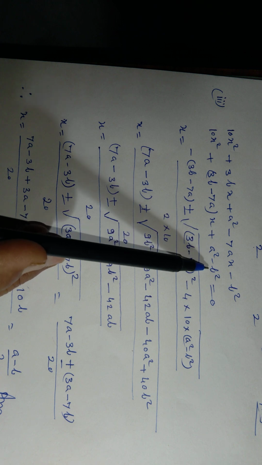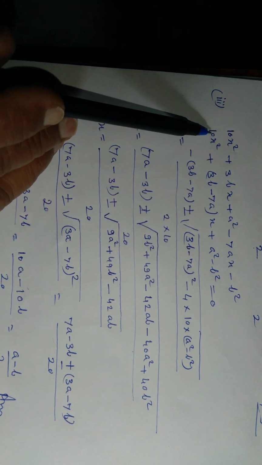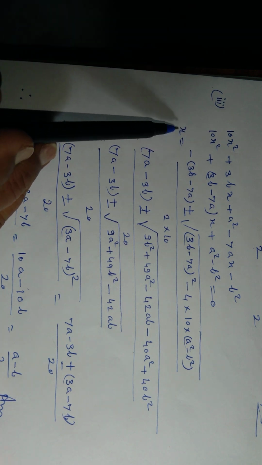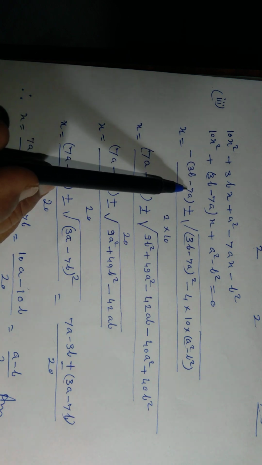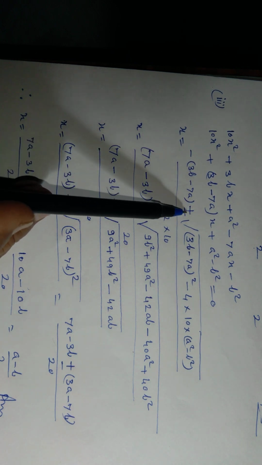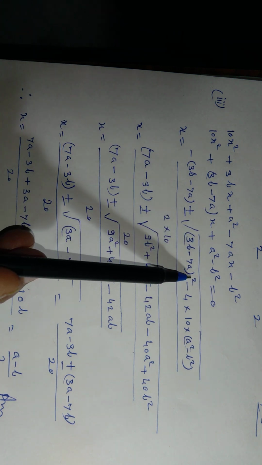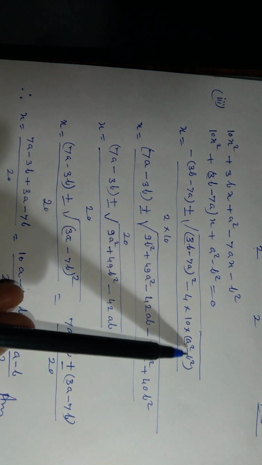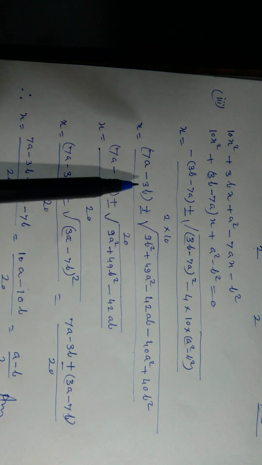This will become the constant term. This will be the coefficient of x, and this will be the coefficient of x². Now x will be equal to −(3b − 7a) ± √((3b − 7a)² − 4 × 10 × (a² − b²)) divided by 2 × 10.